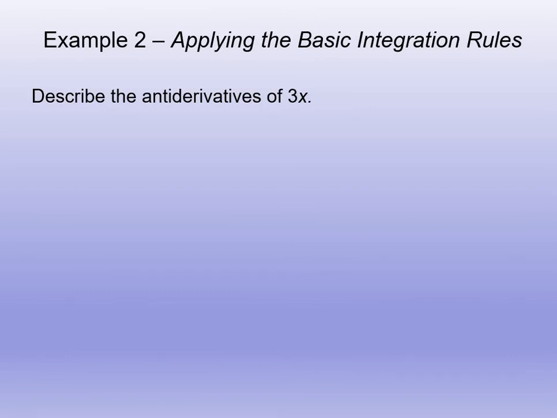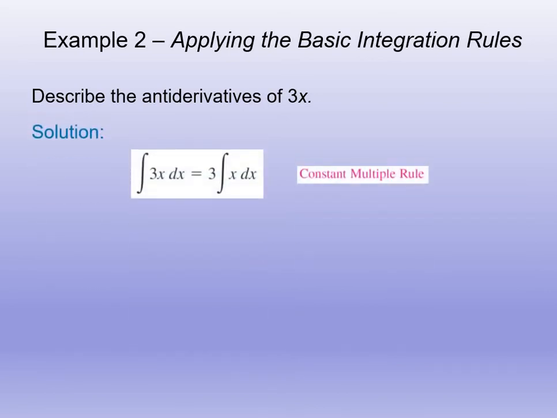If we have 3x here, we know the exponent on x is a 1 right now. So I'm going to have to take 1 plus 1, so that's going to give me x squared. So I'll have 3x squared divided by 1 plus 1. So I'll end up with 3x squared divided by 2, plus a constant of integration. So I will end up with 3x squared divided by 2 plus c. All right, so we're undoing the power rule there.